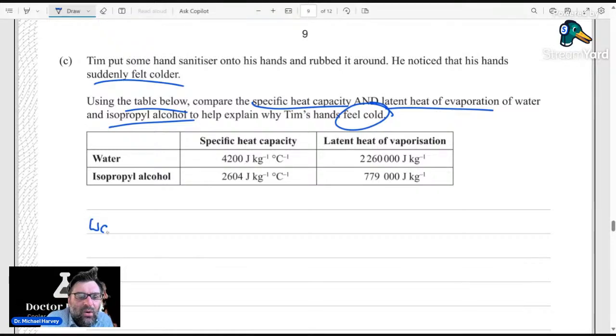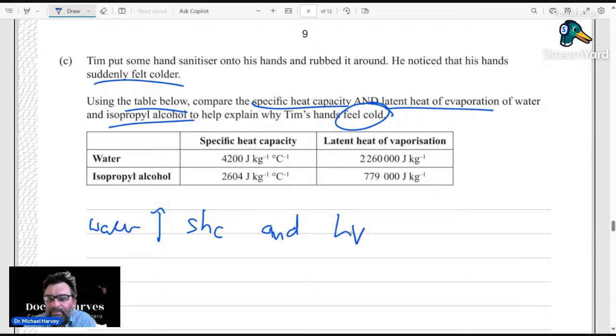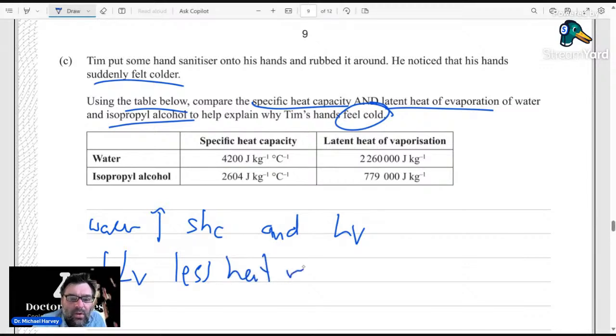So you just say that water has a higher specific heat capacity and latent heat of vaporization. Okay, that will get you your achieved. It's just stating simple facts. Okay, to get the merit, you're then linking the ideas. So a lower latent heat of vaporization means less heat required to change state.